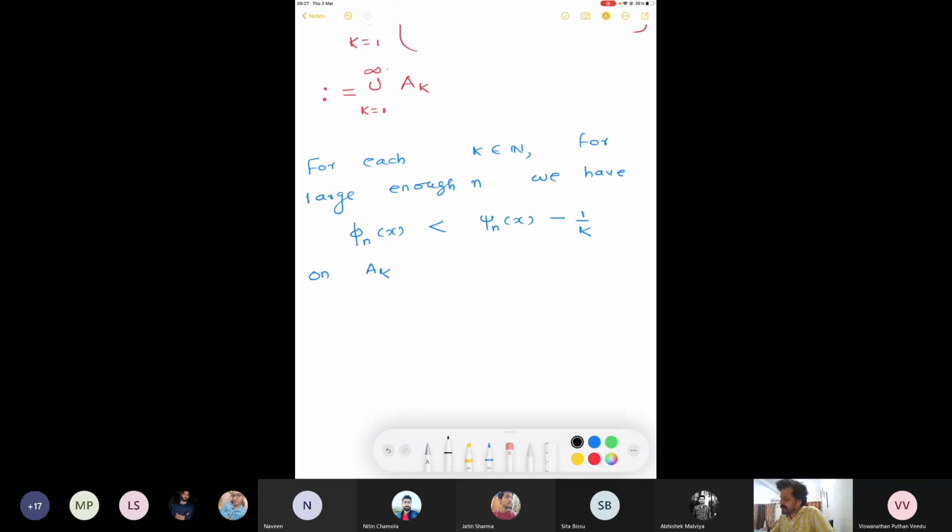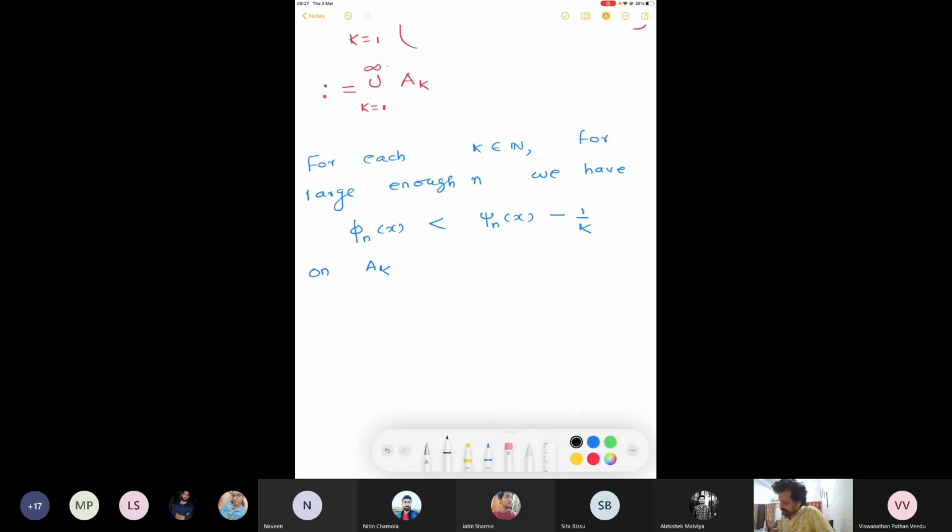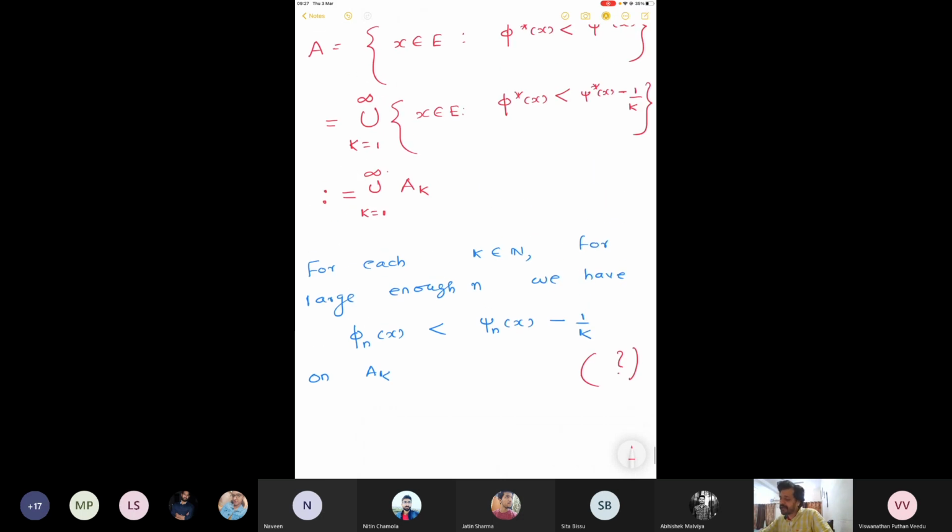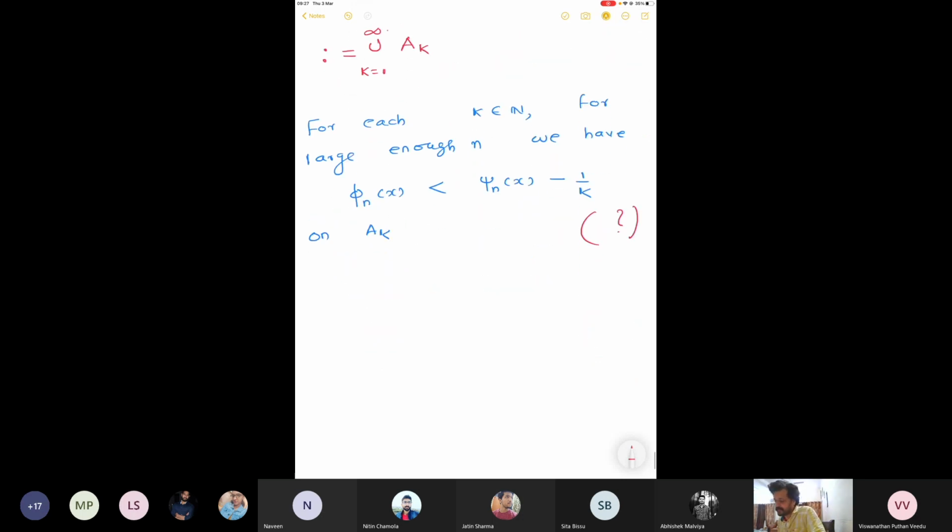Again, this needs to be convinced. I have already given you a hint: apply the definition of lim sup and lim inf. You will get it. On A_k, I know that phi star of x is less than psi star of x minus 1 by k. From that, you pass to phi n of x less than psi n of x minus 1 by k for large enough n.